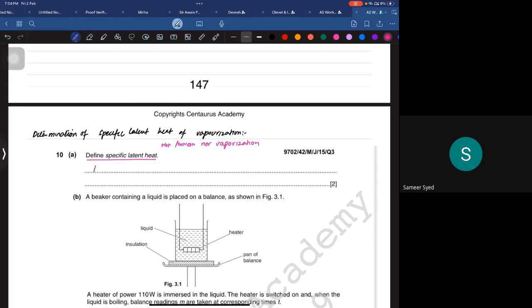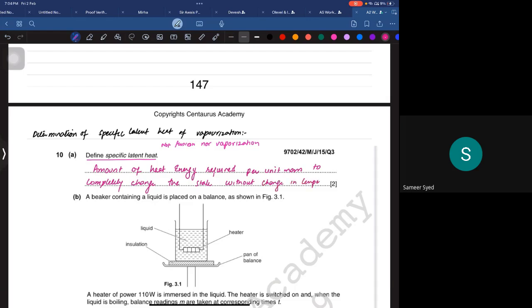Let's check it out. So we're going to say it is the amount of heat energy required per unit mass to completely change the state without change in temperature.